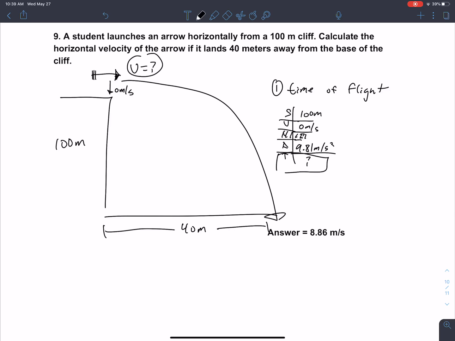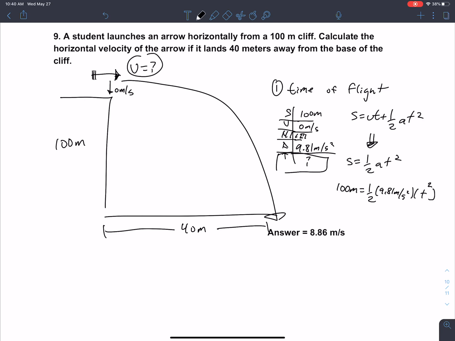Like in the last problem, we use the formula S equals UT plus 1/2 AT squared to solve for time. Because my initial velocity is 0, that cancels out, so that becomes something simpler: S equals 1/2 AT squared. S is 100 meters, equal to 1/2 times 9.81 meters per second squared times t squared.